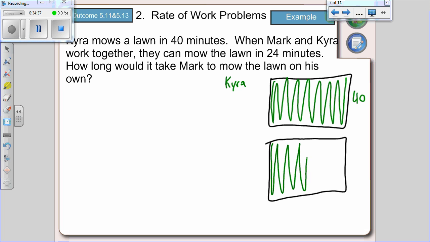The reason I like to visualize it like this is because it shows me they each did one fraction of the lawn. That means if they mowed one lawn together, she did this fraction plus he did that fraction equals one lawn, which is exactly how our formula is going to be set up. Fraction plus fraction equals 1 lawn.